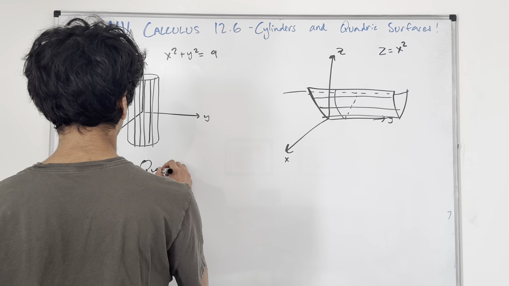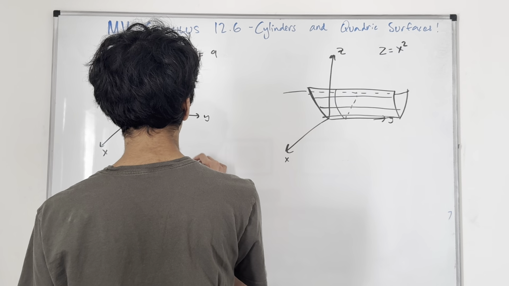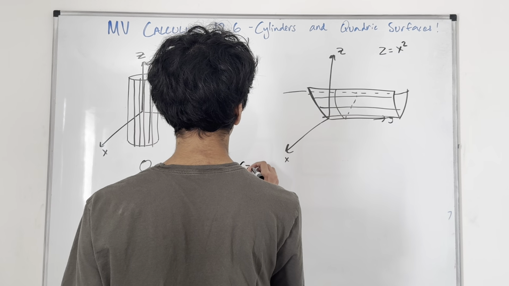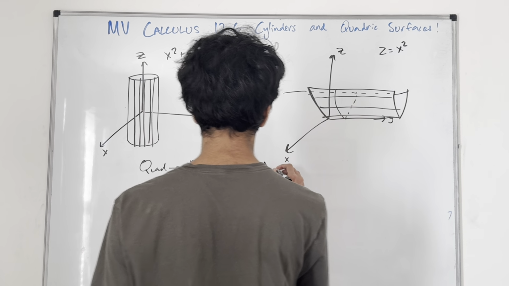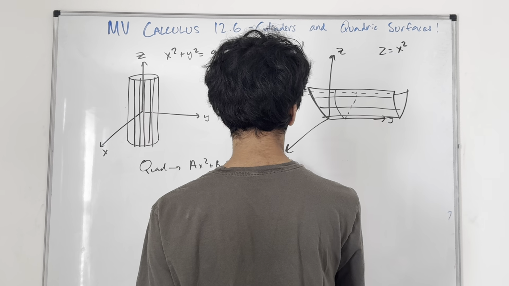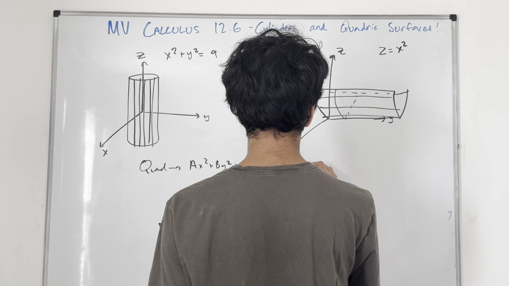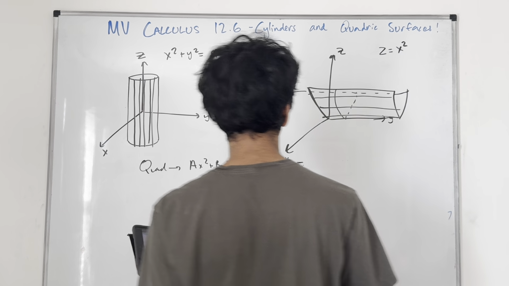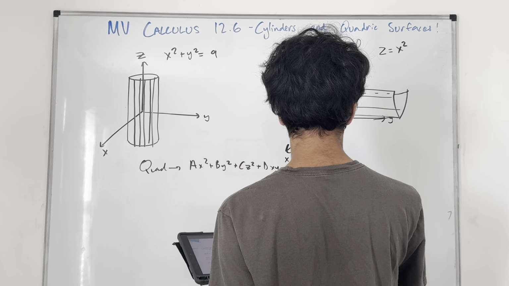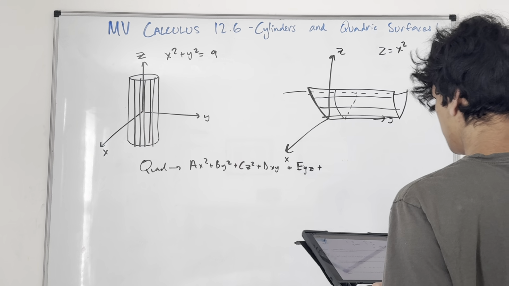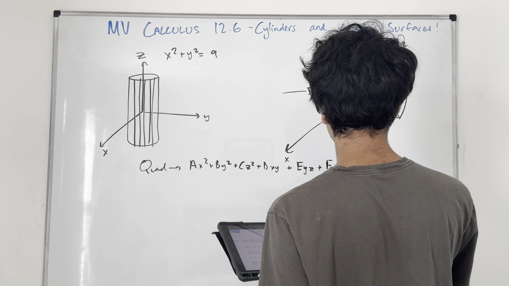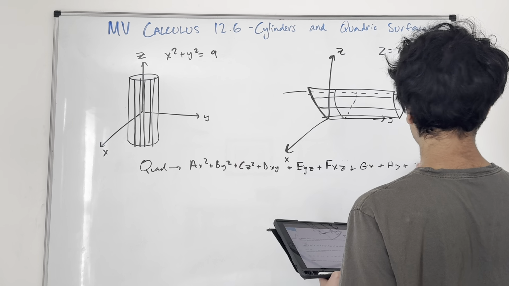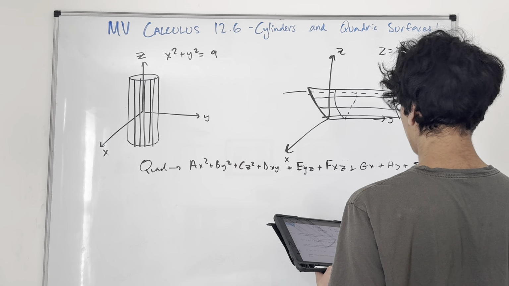So a quadric would have a graph like ax squared plus by squared plus cz squared plus dxy plus exz, or I guess yz, that's how the book does it, yz plus fxz, plus gx plus hy plus iz plus j equals 0.